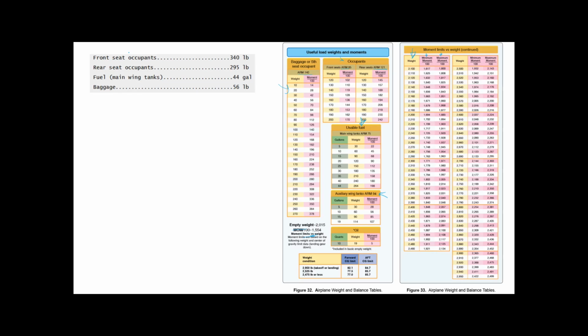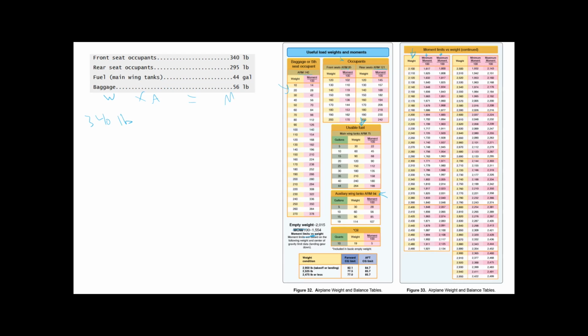We start with the front seat occupants, 340 pounds. Like before, we're going to use our WAM equation to figure out what the state of the aircraft is. So that's weight times arm equals the moment. The front seat occupants, 340 pounds, and I'm going to use my units to keep track of that.